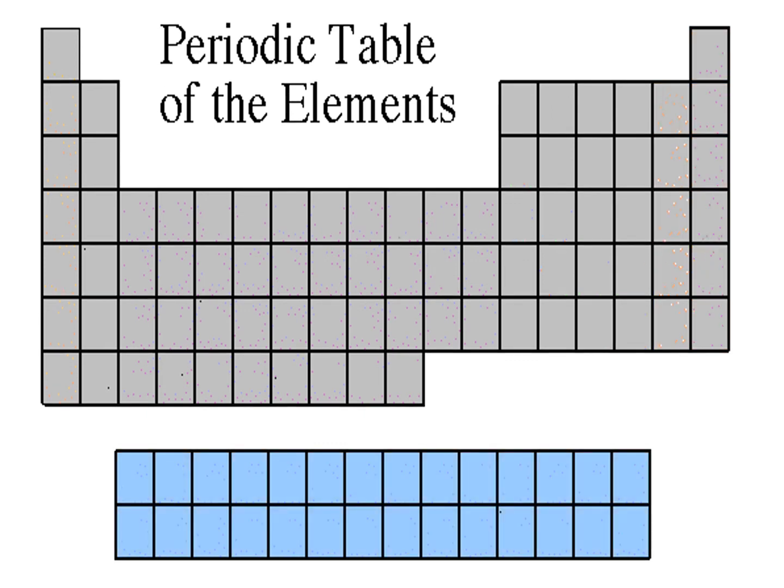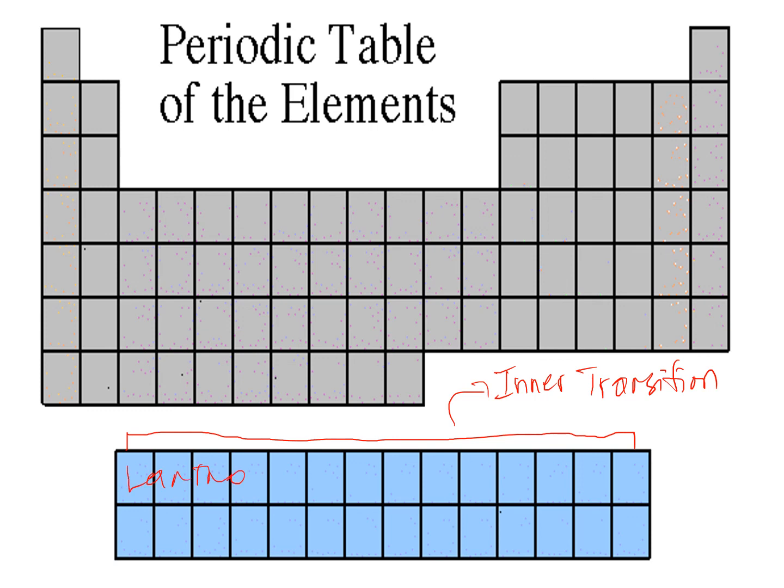And then, yung nasa dulo, ito naman yung tinatawag nating inner transition metals, which is the lanthanides. Yung lanthanide series, and this is our actinide series.